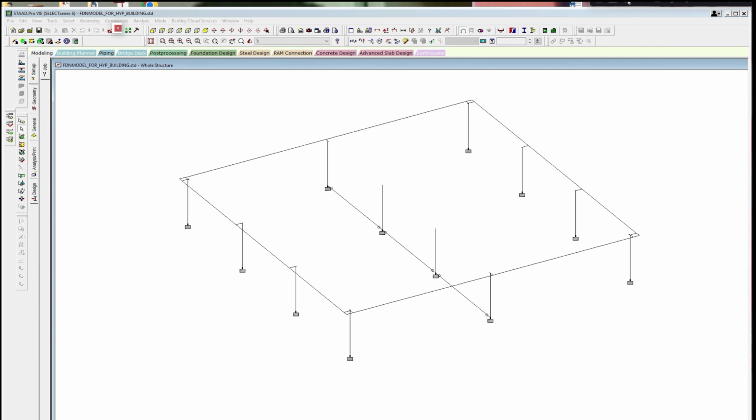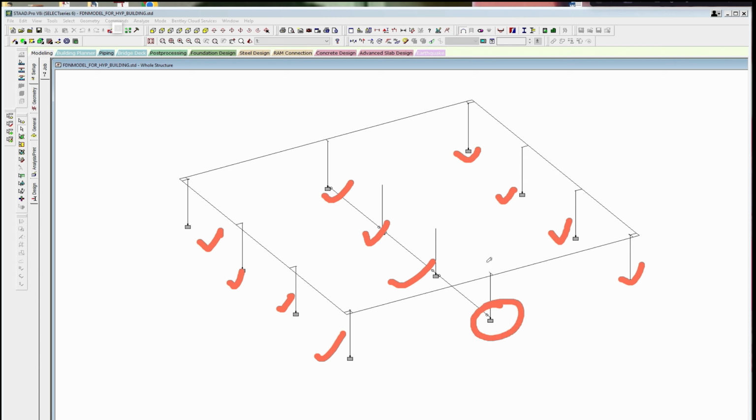These were our columns in which the columns of the superstructure were fixed in one direction, and this is the column where the column on the superstructure was pinned. So for this column we shall have a square footing.